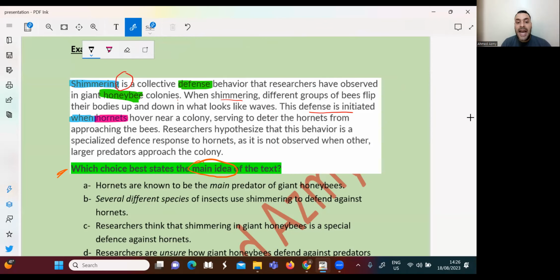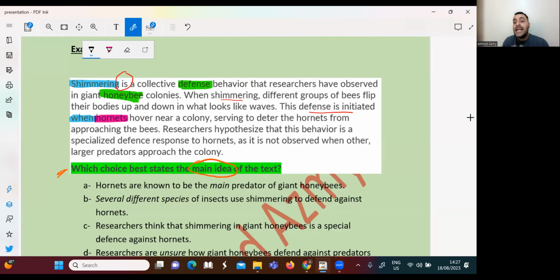Jihad, we need to start reading and analyzing, or dissecting, the last sentence. Yalla. Researchers hypothesize that this behavior is a specialized defense response to hornets. Wait a second, Jihad. I said something in the tips: we must pay close attention to conjunctions and adjectives, like conjunctions when, while, but, however, and adjectives are little devils.